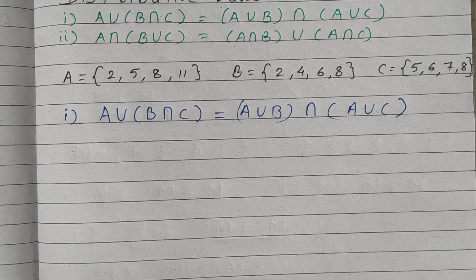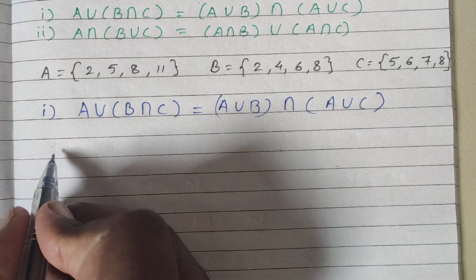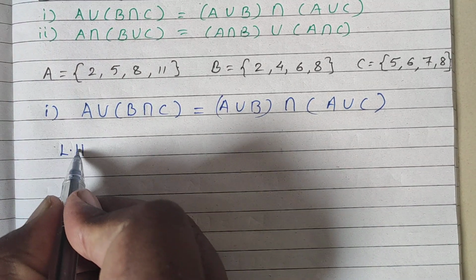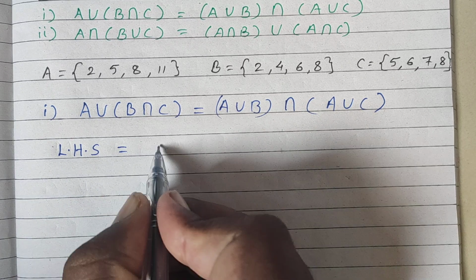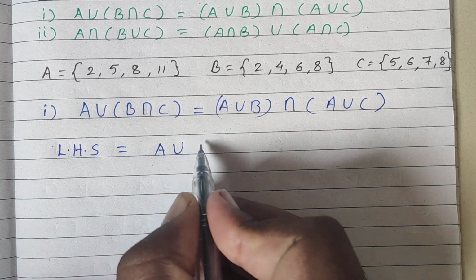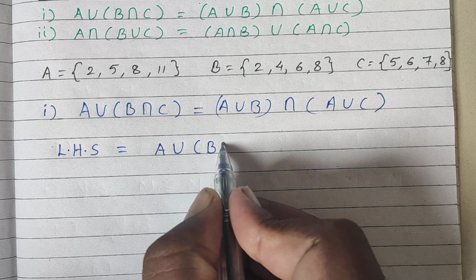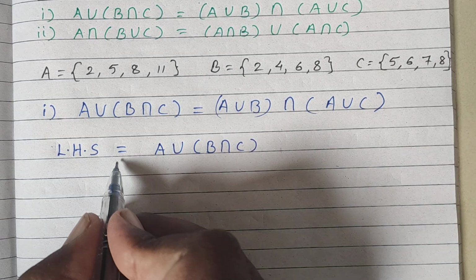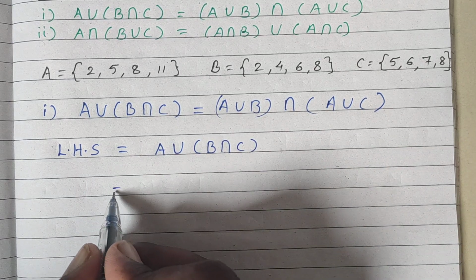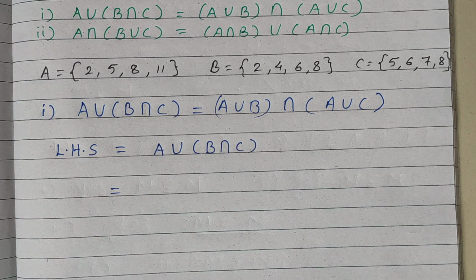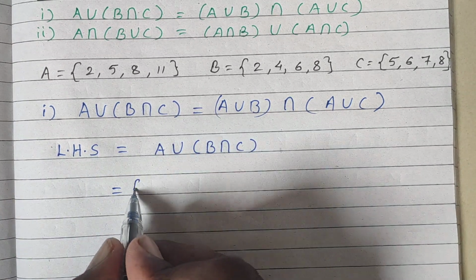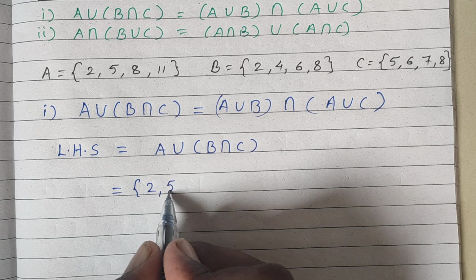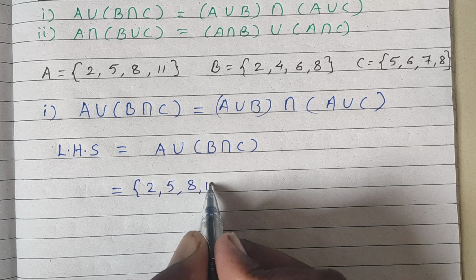Now students, we will solve for the LHS, A union (B intersection C). What is our A set? 2, 5, 8, 11.